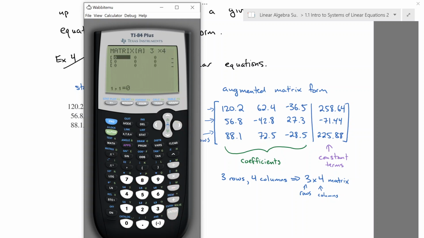Now you can see the entries are made to the right size, and now I just enter the entries one by one. Maybe I shouldn't have chosen all these weird decimal numbers. Now it's going to take forever to put it in, but in any case, I put them in. So 120.2. They go across one by one, and then it's the next one going across, so that's 62.4.